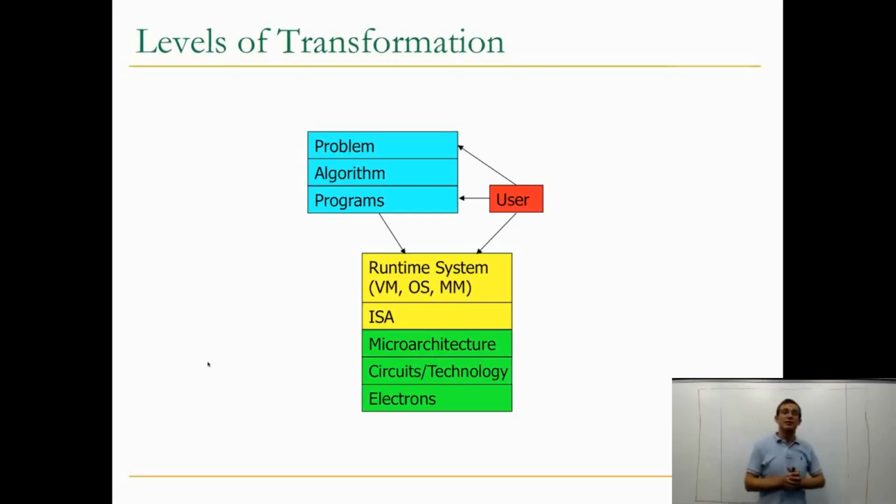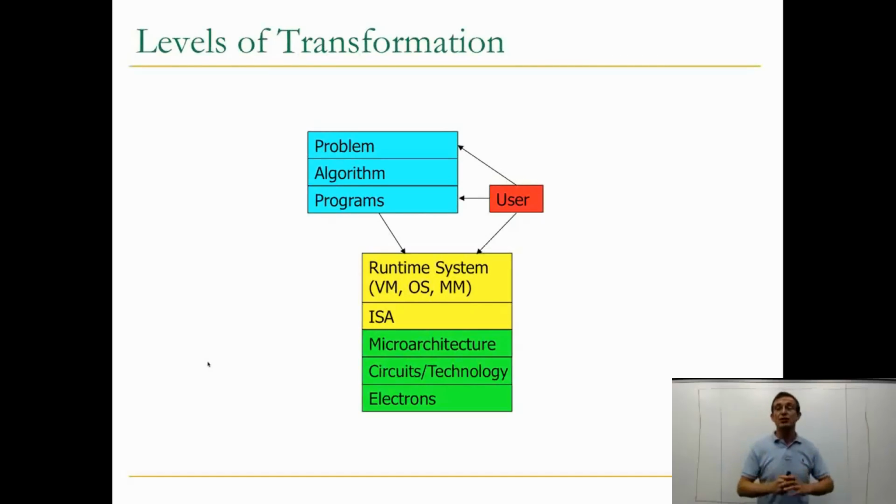If you look at the levels of transformation, this is the level of transformation in computing systems. Basically, you take a problem, you convert it into an algorithm, and that algorithm gets programmed into some programming language by a programmer. And that program later gets translated by a compiler, dynamic or static, into the architecture, which is instruction set architecture.